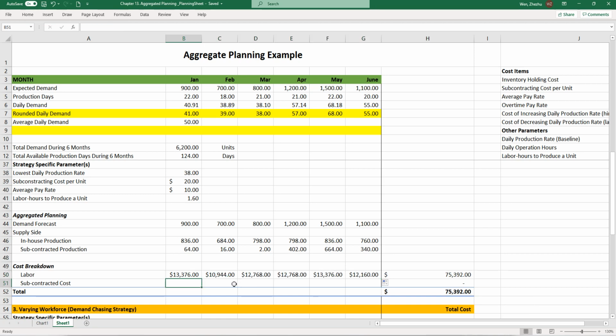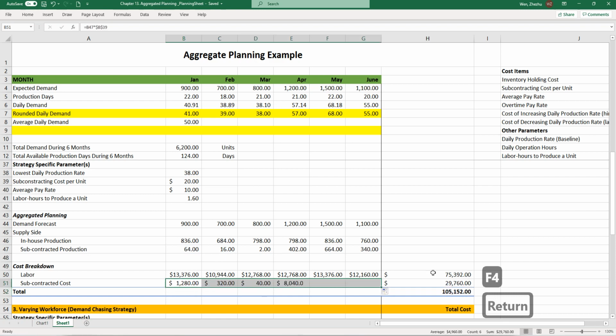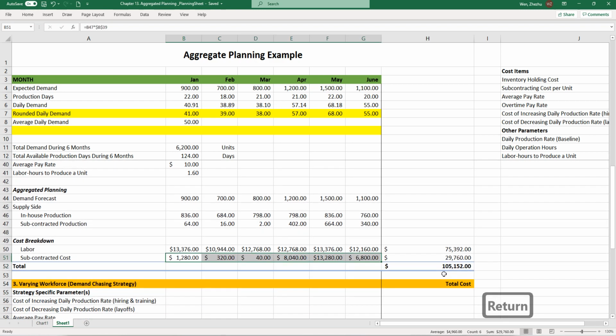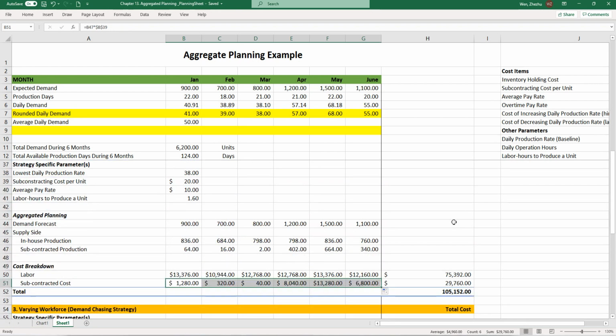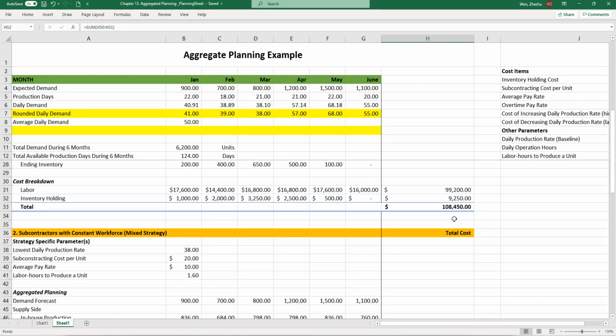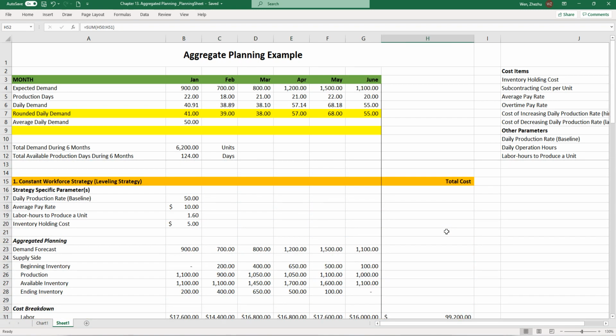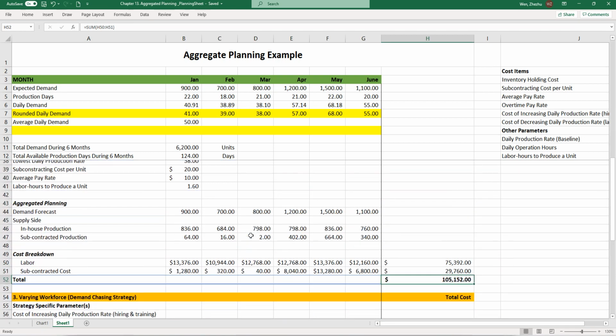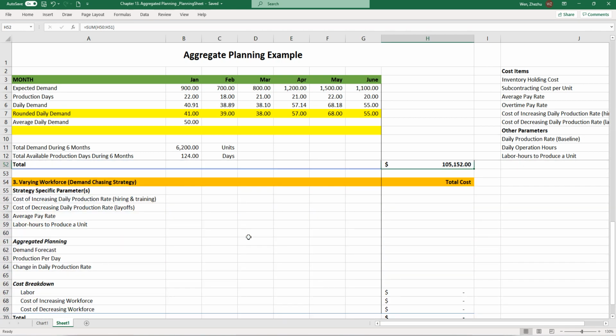And subcontracted cost: that's basically the number of units that you are subcontracting multiplied by the per unit cost of subcontracting. So doing this. All right. So it looks like it's a bit cheaper than relying on the leveling strategy. Lastly, let's take a look at the demand chasing strategy.